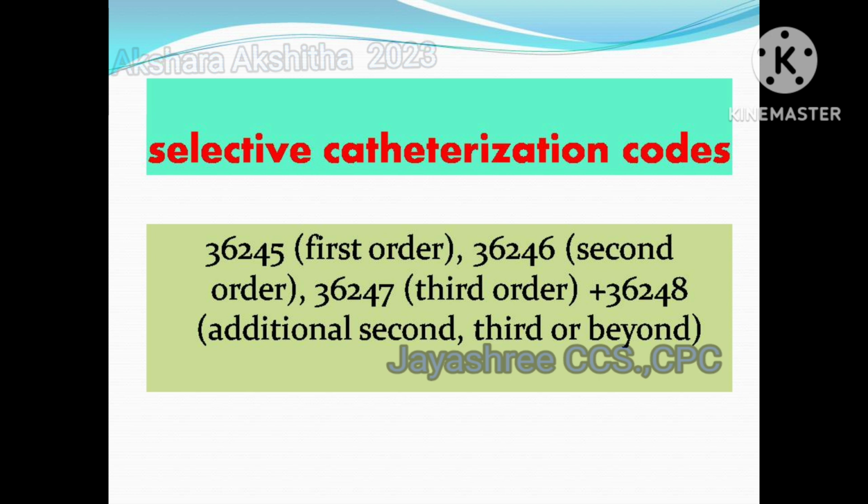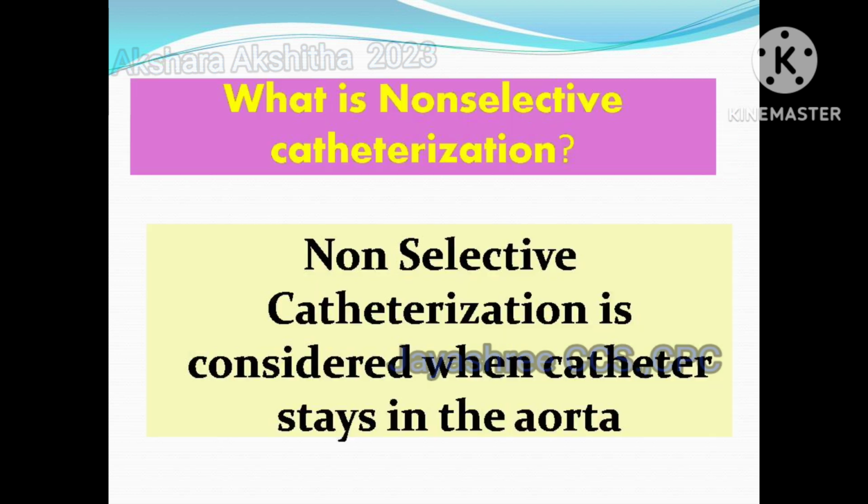So first you should know what type of catheterization it is, either selective or non-selective. Then only you can omit the unwanted CPT options.